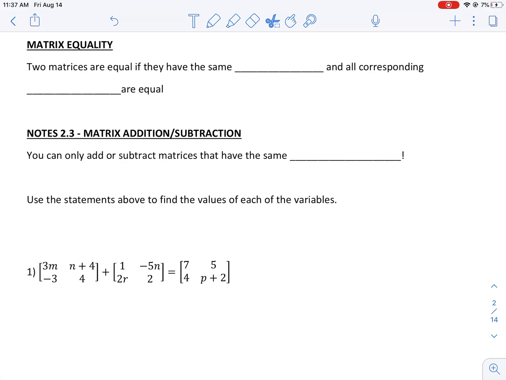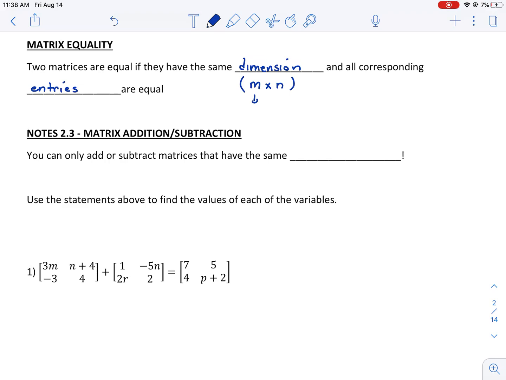So two matrices are equal if they have the same dimension and all corresponding entries are equal. By dimension I mean the number of rows times the number of columns.